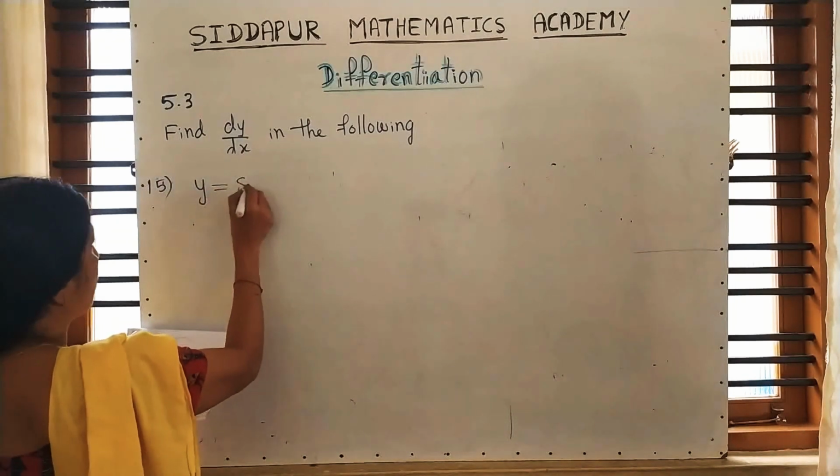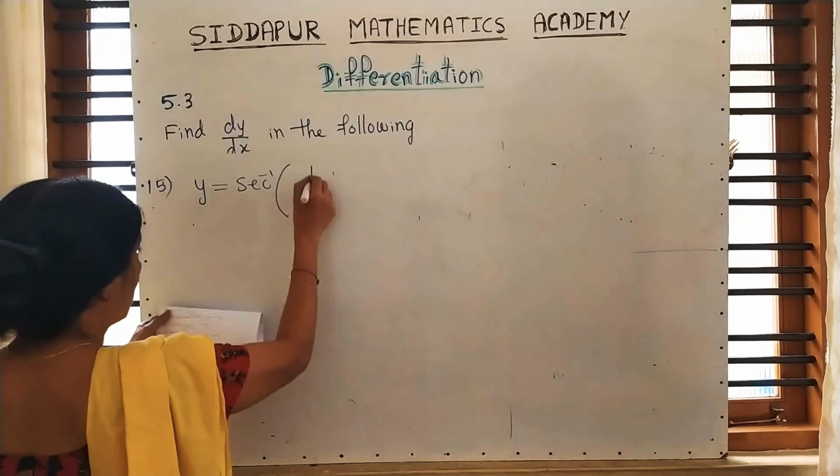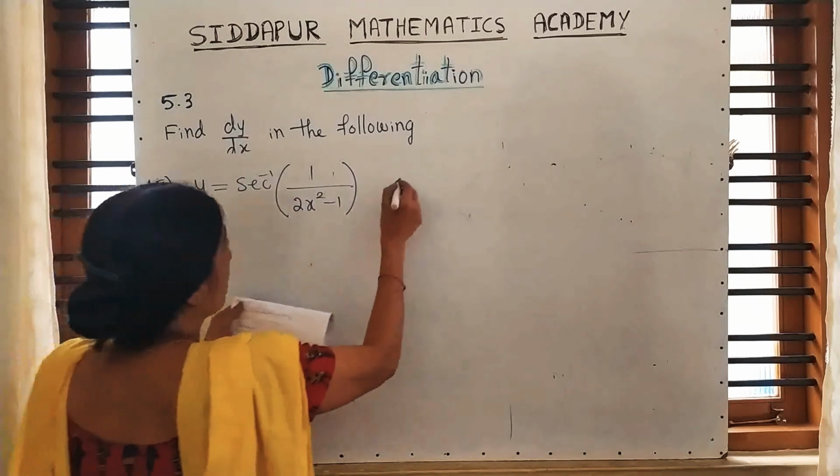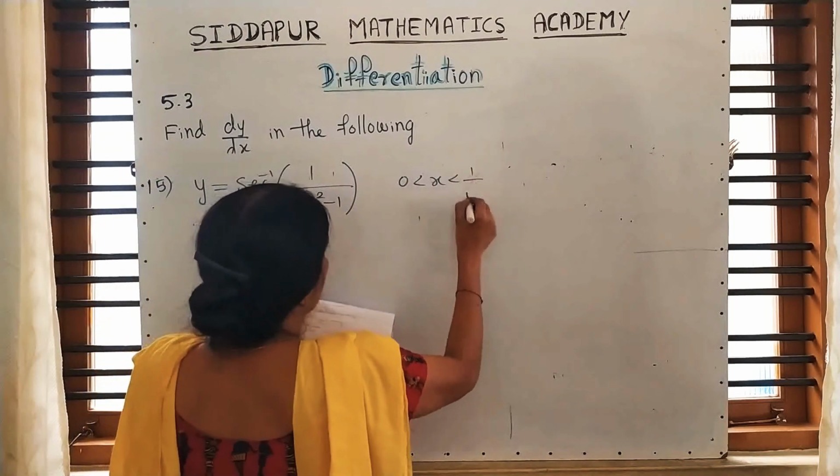Y is equal to sec inverse of 1 upon 2x square minus 1, where x is lying between these values.